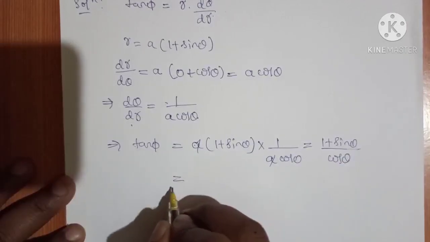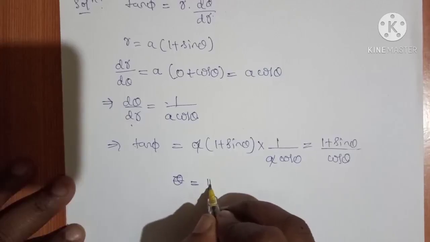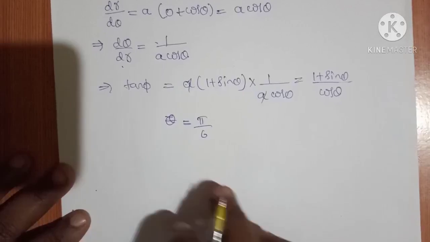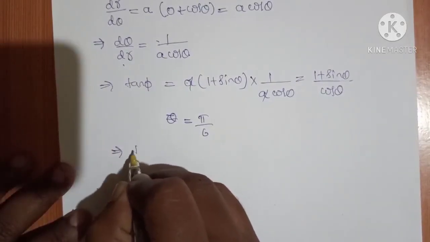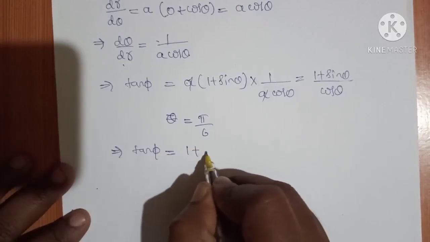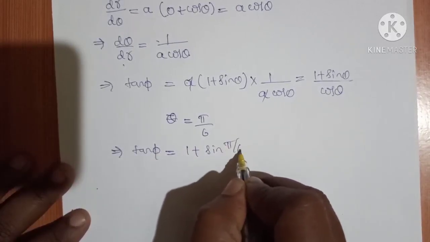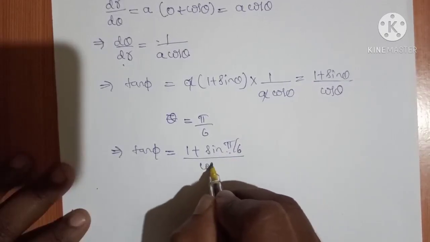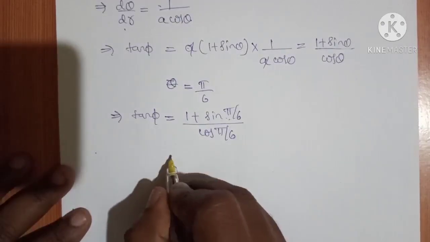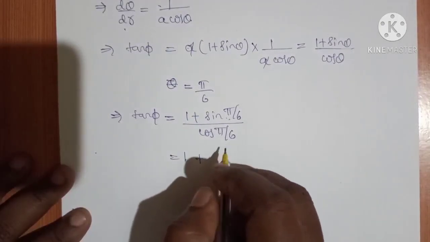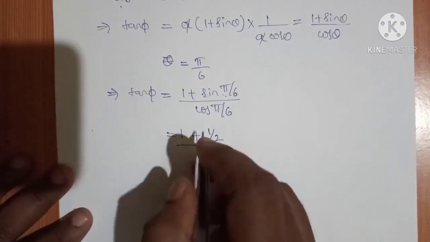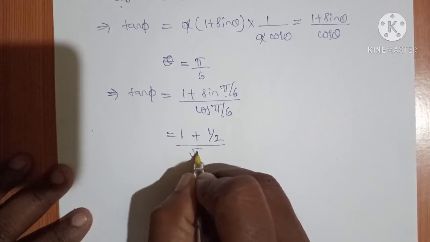Here the angle is given as theta equals pi by 6. Therefore we don't use the formula here, we directly substitute the theta value. So we get 1 plus sin pi by 6 over cos of pi by 6. The value of sin of pi by 6 is 1 by 2 and cos of pi by 6 is root 3 by 2.